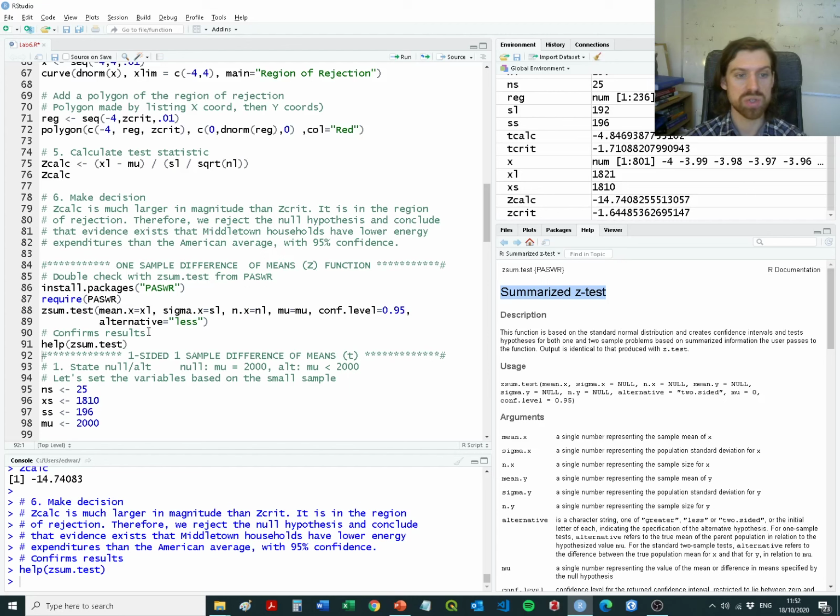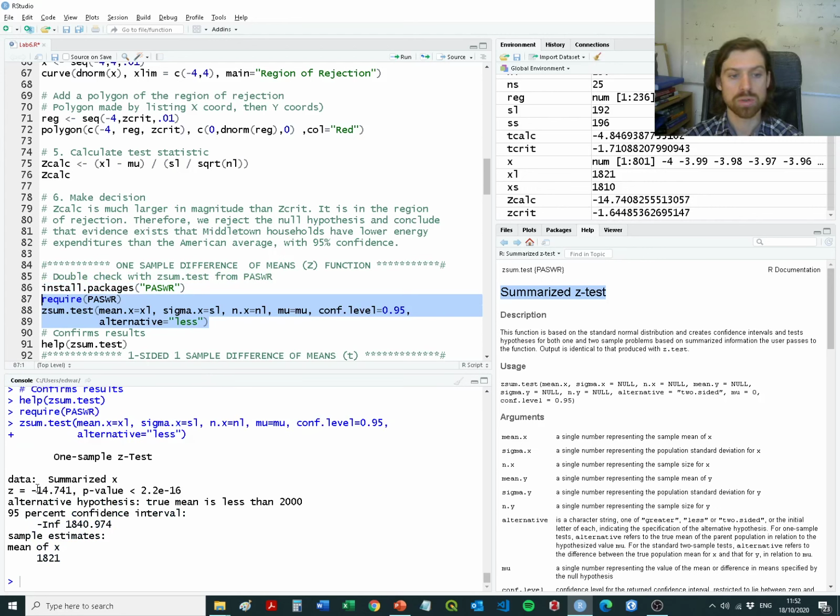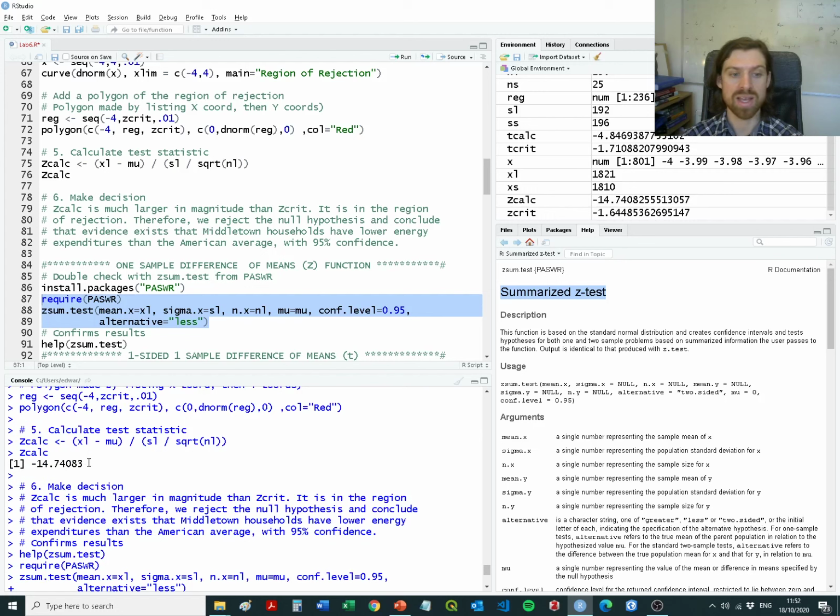And when we do that, we get a Z score using the automated approach of minus 14.7, which is basically the same as the manually calculated Z score that we got. So that's good. It means that we're doing things right. The way that we're calculating it manually in the code is the same as the way that it's been automatically calculated by the package that's inbuilt in R.